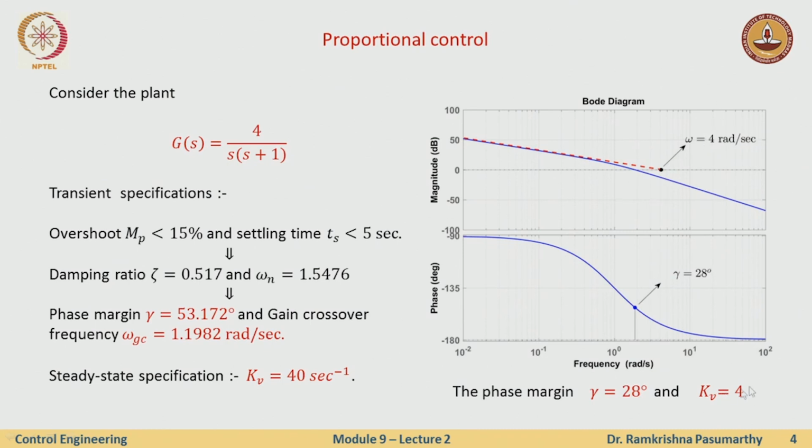This is what we did when we were discussing how to find error constants just by looking at the Bode plot. So the open loop system has a Kv of 4 and a phase margin of 28 degrees, and we would like to have a Kv of 40 with a phase margin of 53 degrees.